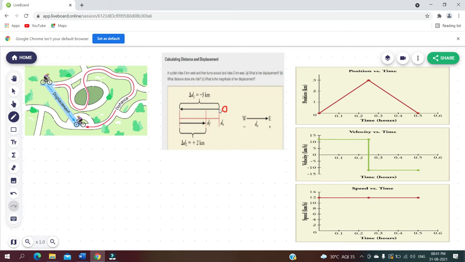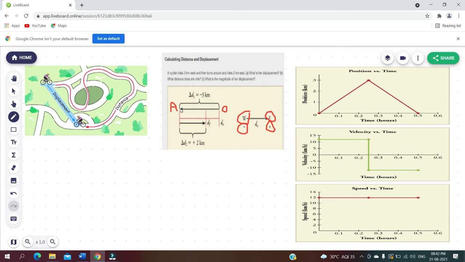If she travels from O to A, 3 kilometers to the west, the displacement delta D1 will be equal to minus 3 kilometers, because we have assumed east to be positive and west to be negative. So the displacement from O to A, delta D1, will be minus 3 kilometers.